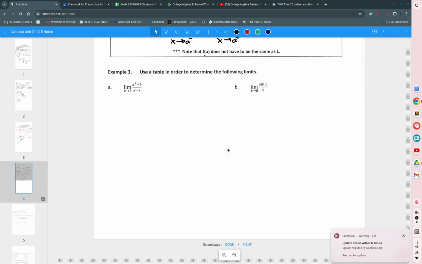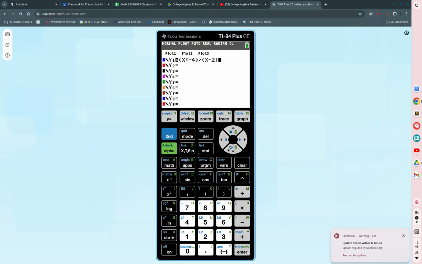So if I plug in 2 to this situation, I get 0 on top, I get 0 on the bottom. So we are going to go to our calculator and try to figure out what that would be.